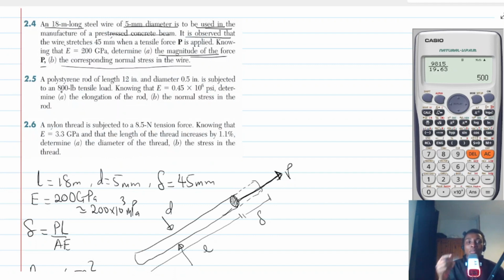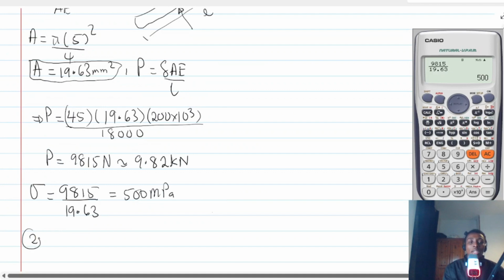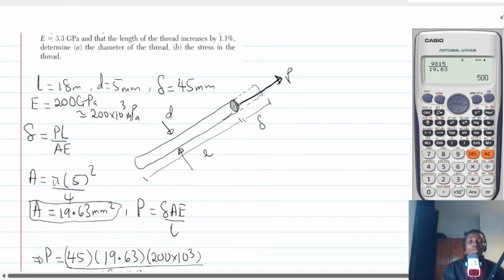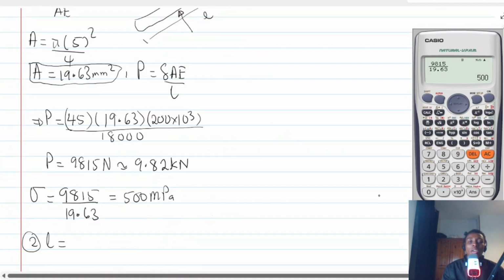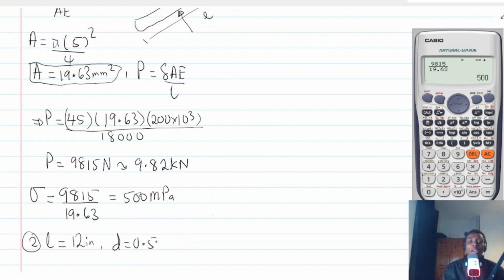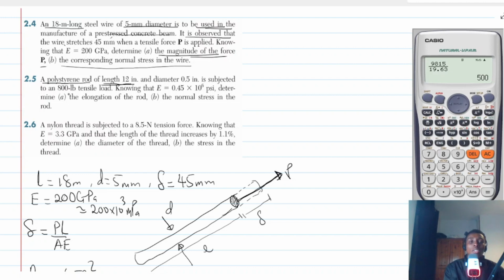Now let's come to the second problem. With the second problem, we have a polystyrene rod. I'm not going to draw the length and everything again. We're just going to write the values. So the length is 12 inches, the diameter is 0.5 inch, and it's subjected to an 800-pound tensile load.